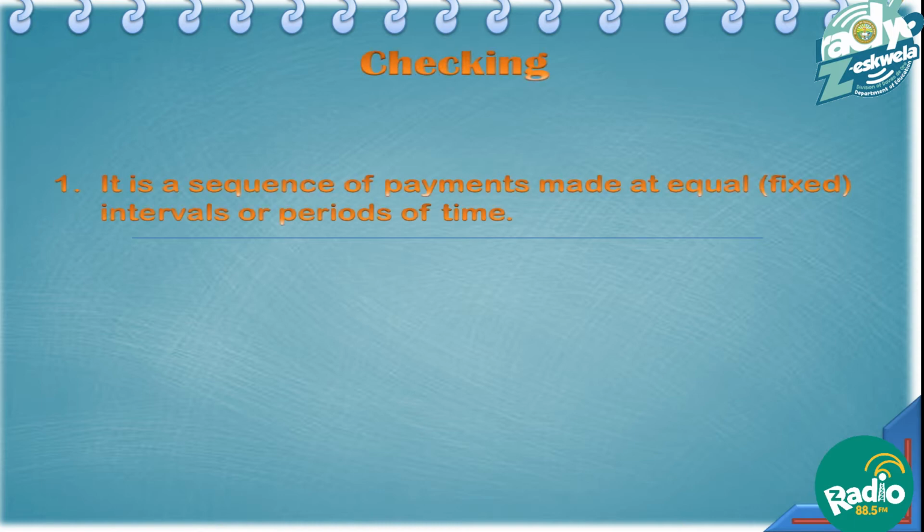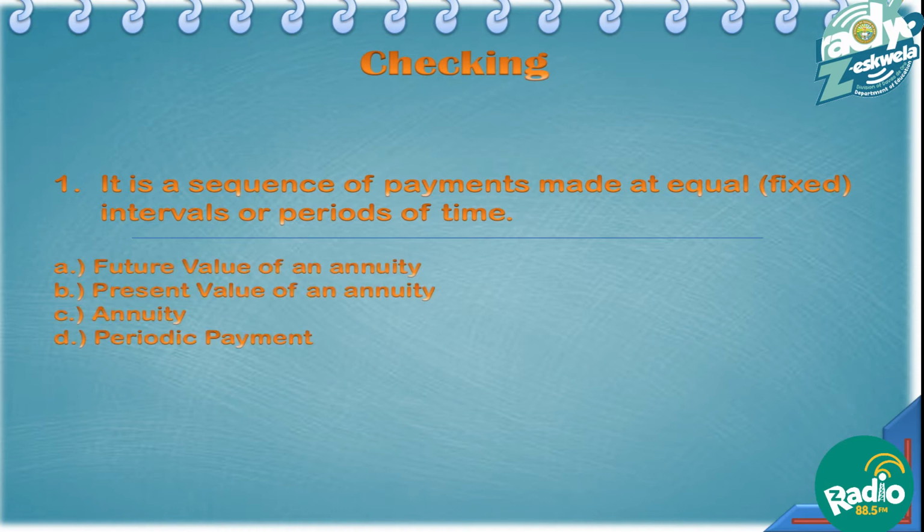Great! Now, let us check your answer and rationalize each of the correct answer. For number 1, it is a sequence of payment made at equal or fixed interval or period of time. The correct answer is annuity.